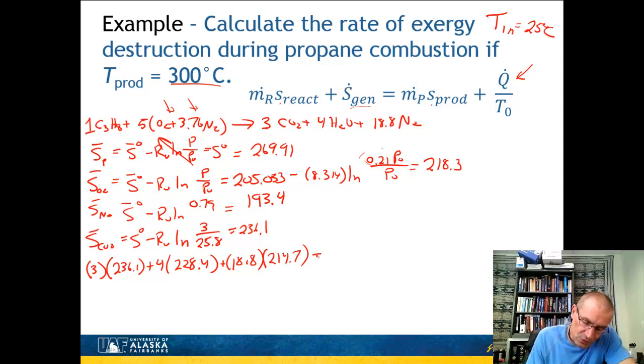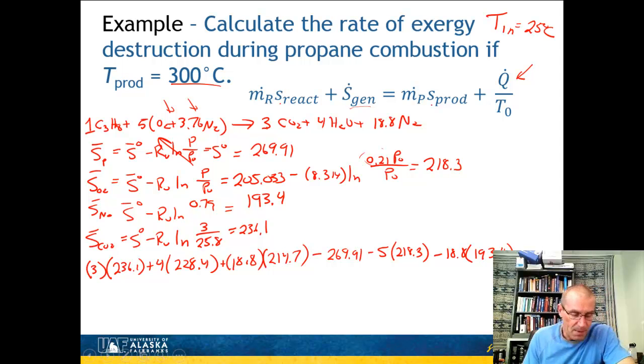And then I'm going to subtract out my reactants, and so I'm going to subtract from the propane value I had 269.91. I need to subtract my 5 oxygens, 218.3, and then I'm going to need to subtract my 18.8 nitrogens at the inlet, and that was 193.4.